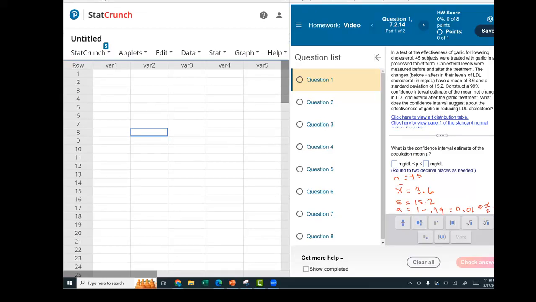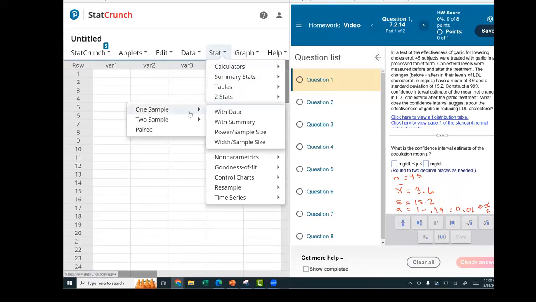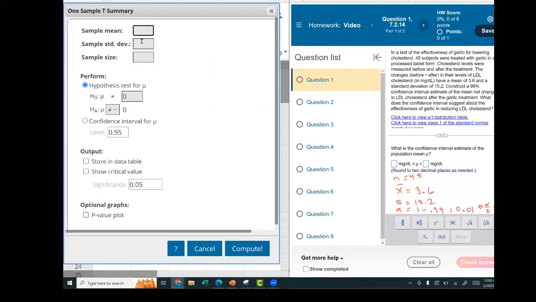Okay. And let's see what we got. So we go here to stat, and we go to T-stats, one sample with summary, and we put in our summary values.